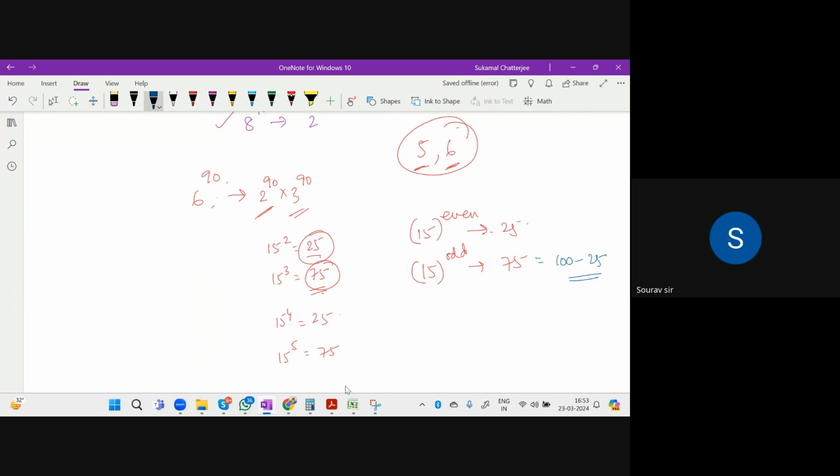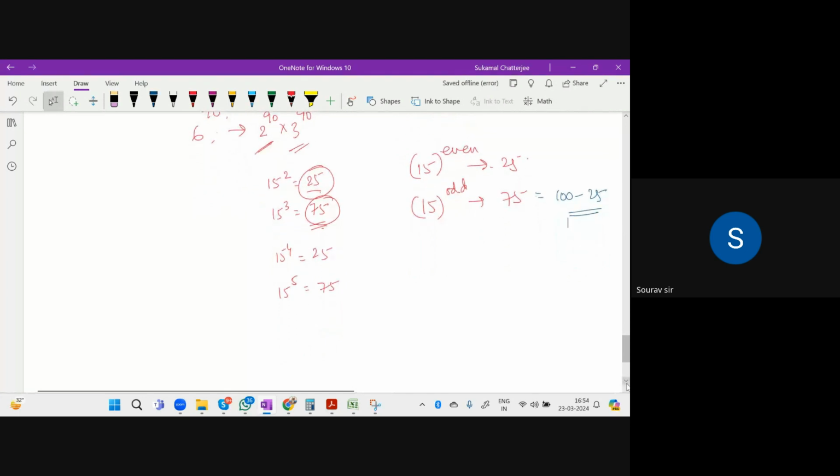Otherwise, the more rules you try to remember, the greater the chance of making a mistake, because in the exam hall there is always time pressure. You try to calculate fast and there's a chance of making a mistake. But if you apply the same rule, with practice, chances of making mistakes are less. But obviously you are free to remember more rules.